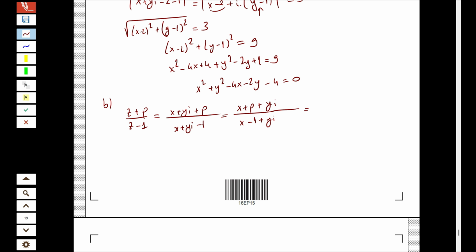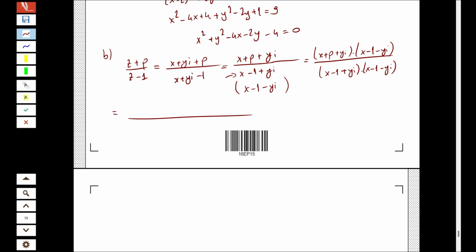So to divide these two complex numbers, we're going to multiply both up and down by the conjugate of this denominator, right? It is x minus 1 minus yi. I will multiply it on both sides. Yeah. So it will take a bit of time.